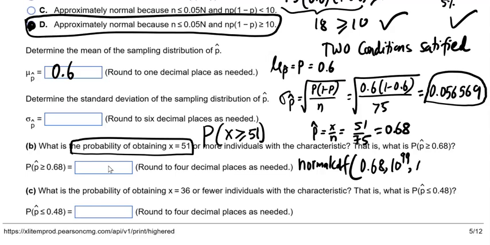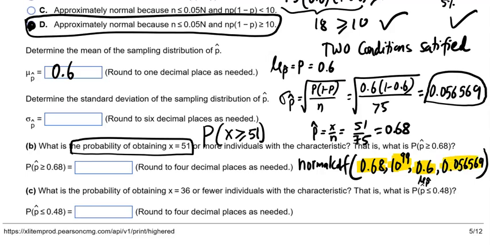So the mean is going to be 0.6. Remember that this is mu p hat. That's what we found in this question before. That's the mean, and the standard deviation is going to be 0.056569. That is here. So if you use this in the calculator as we did in the last section, use the normal CDF function, and you put these 4 numbers together: first one is lower bound, upper bound, the mean, and the standard deviation.